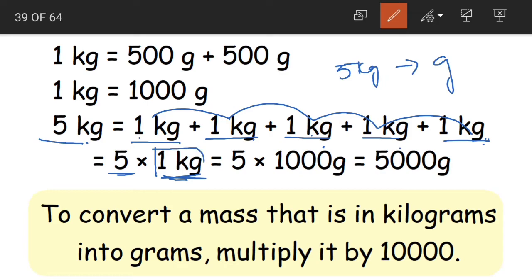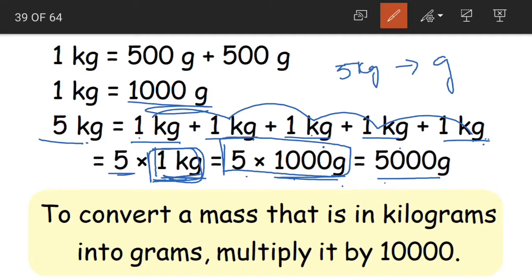So we already know the value of 1 kilogram in grams. So instead of writing 1 kg, we will write our 1000 grams. 5 into 1000 grams is equal to 5000 grams. Is this clear, children? 5 kgs is nothing but our 5000 grams.